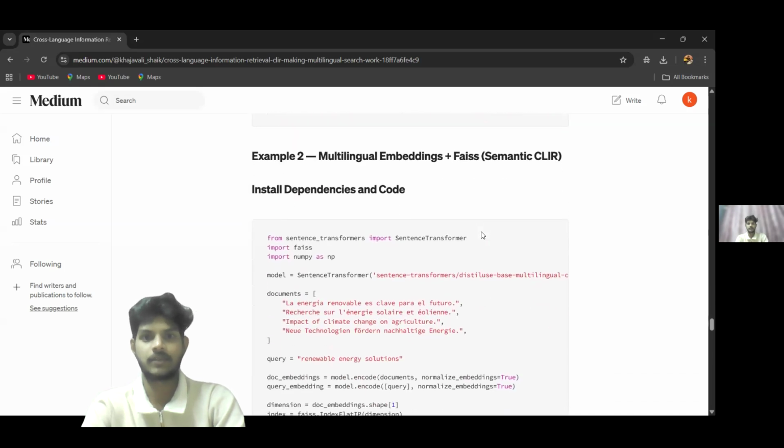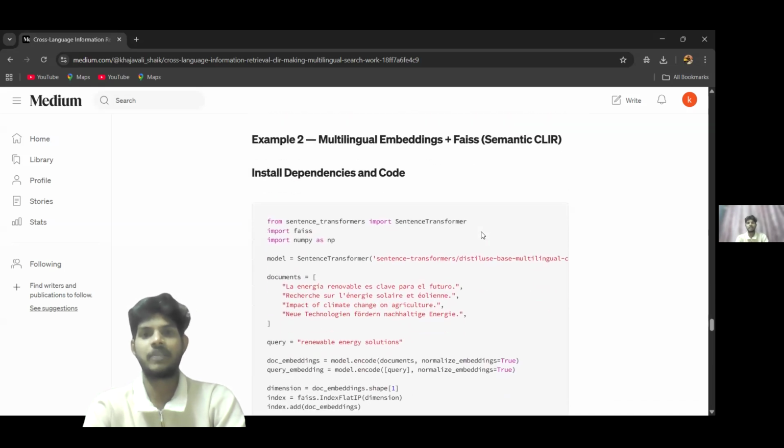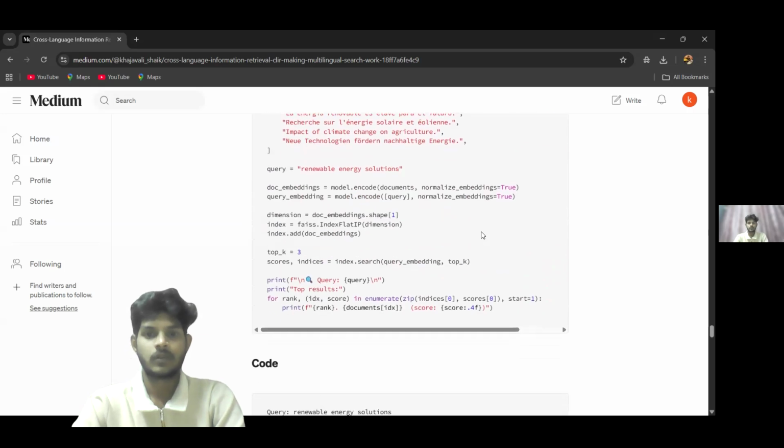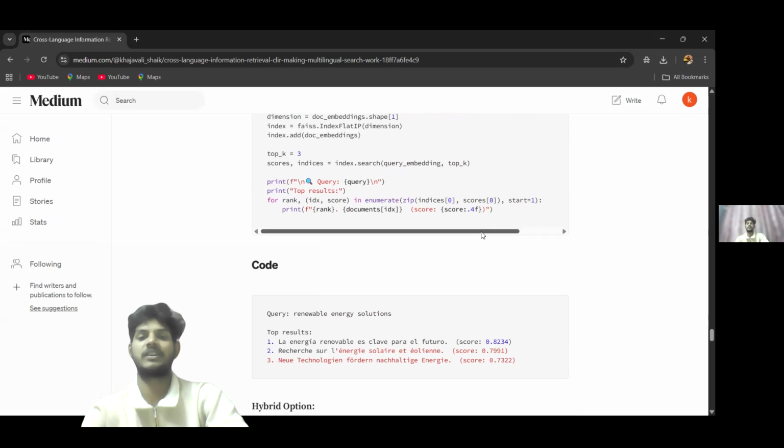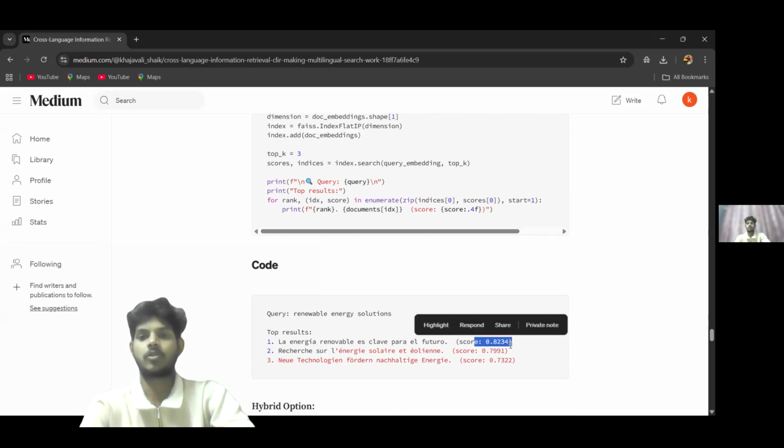And the other example which I used is multilingual embeddings plus FAISS semantic CLIR. Here the user is giving a query like renewable energy resources and it got top results from different documents present in different languages with the ranking score.